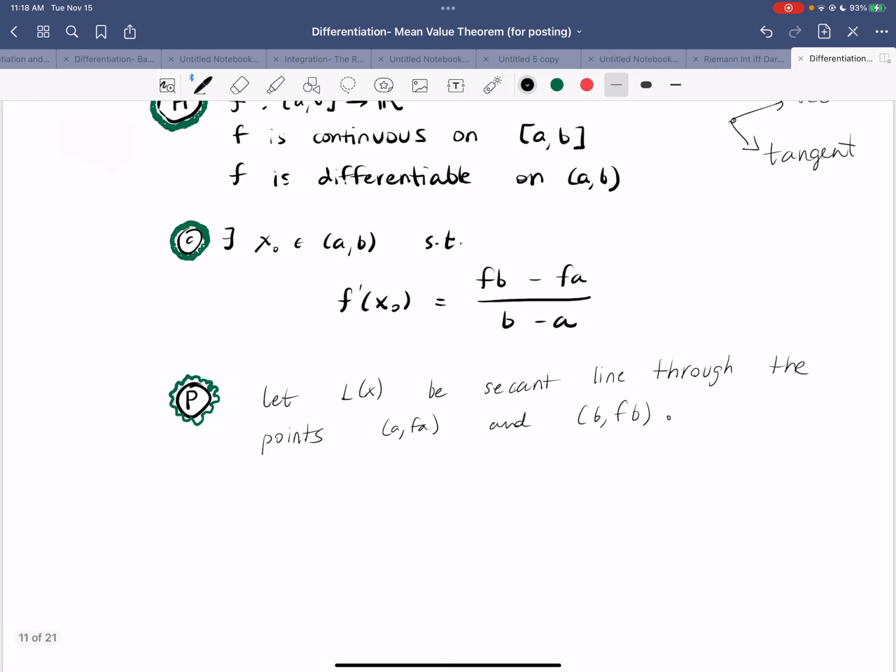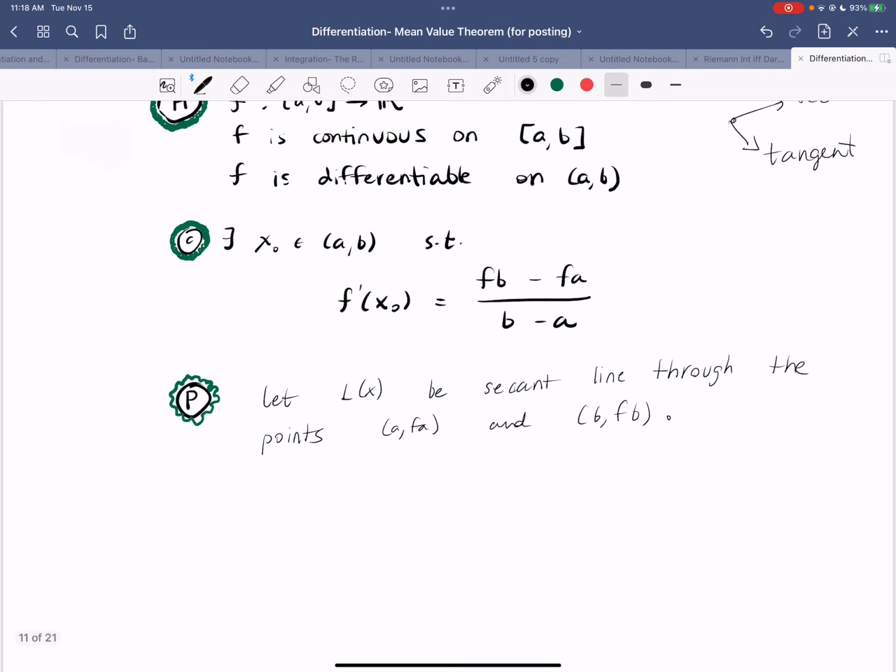I want my y to be L(x). I need the equation of a line through 2 points, so the slope is going to be (f(b) - f(a)) / (b - a). And then I can use as my point (x0, y0) just (a, f(a)), okay? So this is my equation for L(x).